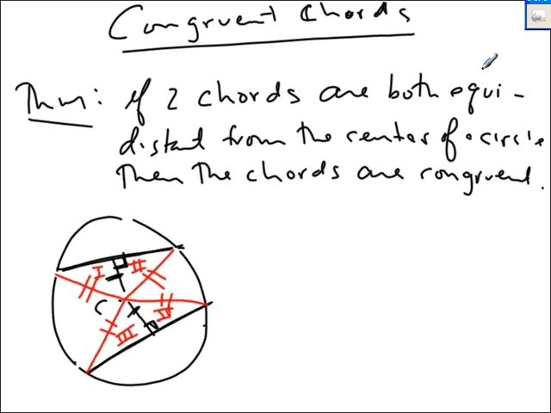Now, these 4 triangles are congruent. Because let's look at, say, number 1 and number 2. They both have a right angle. And opposite the right angles are the same. That is, they have the same hypotenuse.